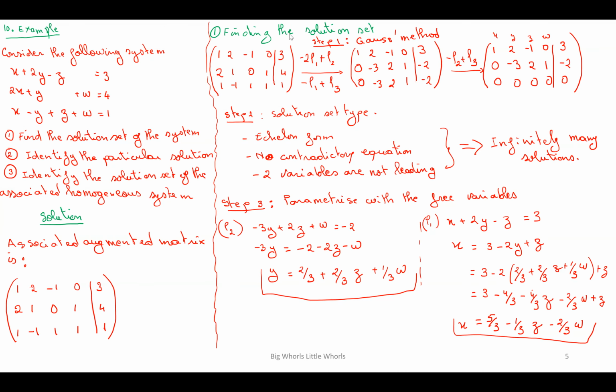As we have said, x was equal to 5 over 3 minus 1 over 3 z minus 2 over 3 w, and y equals 2 over 3 plus 2 over 3 z plus 1 over 3 w.